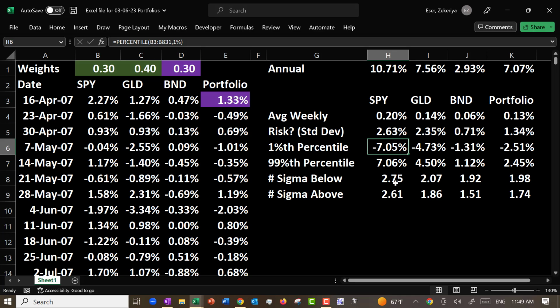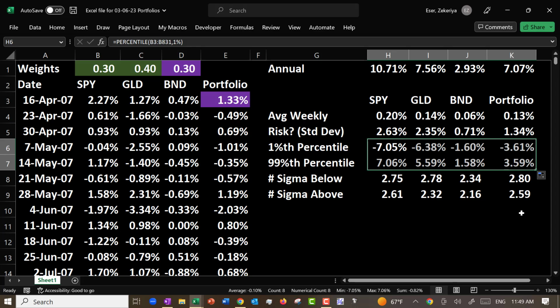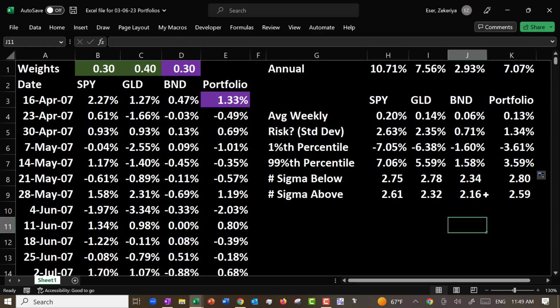Let me move these two. But on the other hand, look at the bond portfolio. Outside of that 1% chance, you're not going to lose more than 1.6% in a week. Gold is riskier than that.